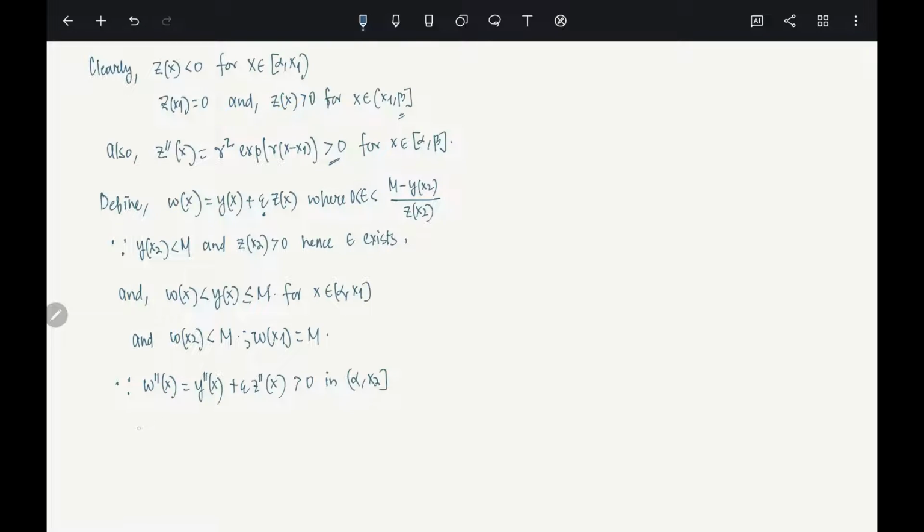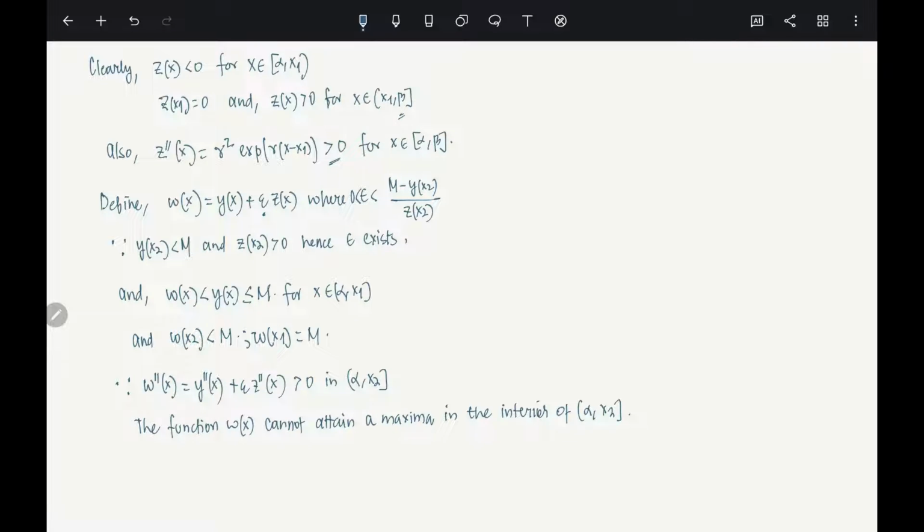Therefore, if you restrict it to alpha x2, w of x cannot attain a maxima in the interior of alpha x2.